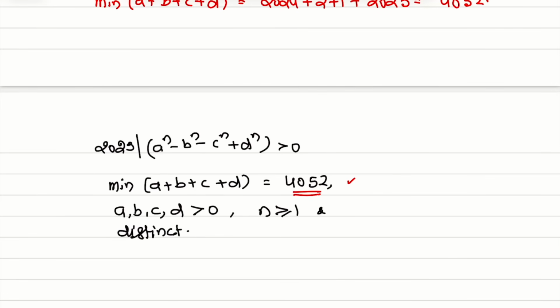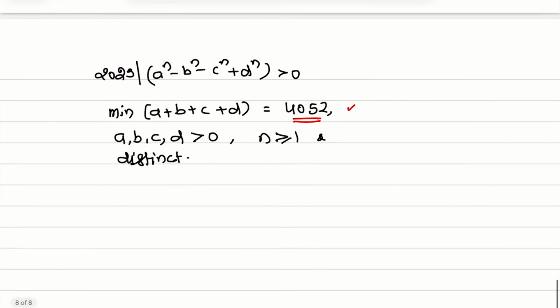The sum of a plus b plus c plus d is equal to 4052. This is how we have got it, and Newton's sum principle is applied here. Congruence modulo equations are applied here, and also the logic of algebra to find the minimum value, so that we got the answer with all these applications of number theory and algebra coupled together. We got the answer as 4052.